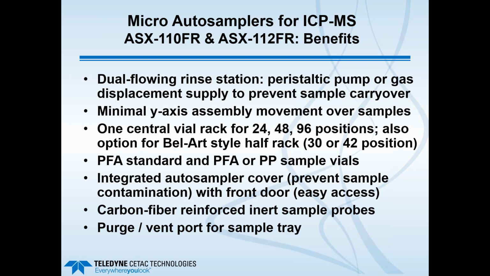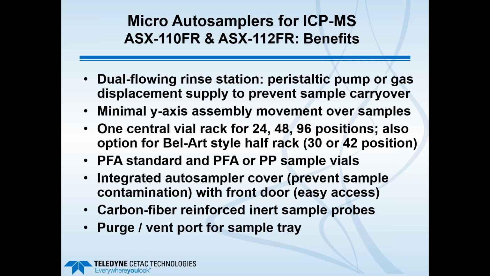Standard vials and sample vials are made of PFA, which is a fluoropolymer, or polypropylene, so no glass is used. There's also an integrated autosampler cover. This helps prevent sample contamination. This cover also has a front door for easy access to the samples in the sample tray.